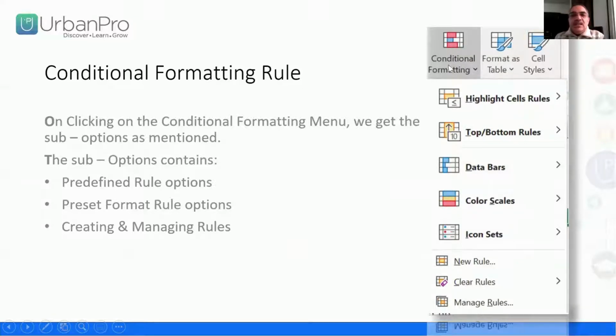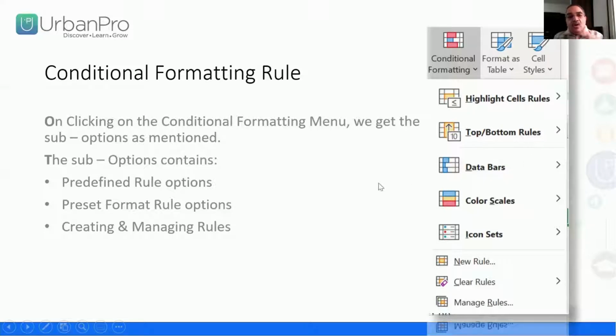On this, the first two options are shown as preset options. These are defined because they are specific rules which are identified, and they also take up a certain identified set of activities, which I'll be sharing with you shortly.